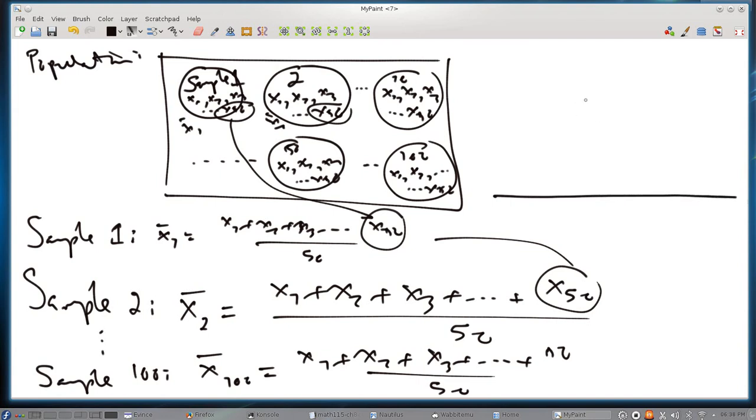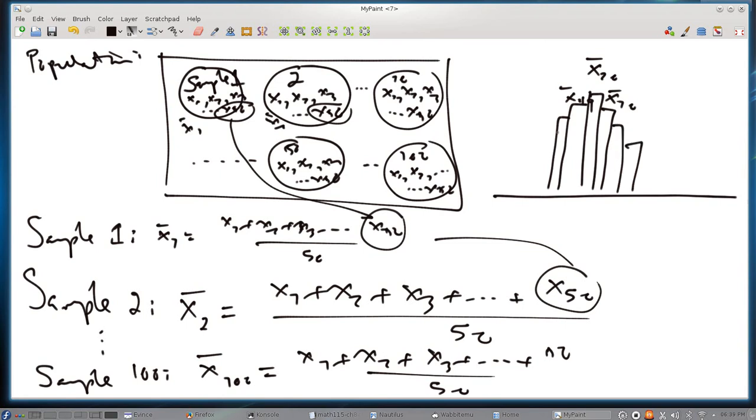So this is a histogram. So here this would be, let's say x bar number 20, and this would be x bar number 18, and this would be x bar number 49 or something like that, and this would be x bar 30, x bar 40, x bar 60, x bar 62, x bar 70, x bar 75, and so on.